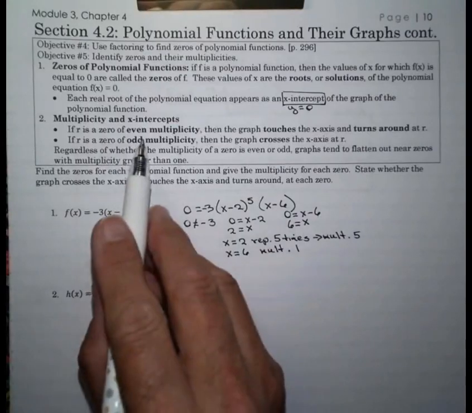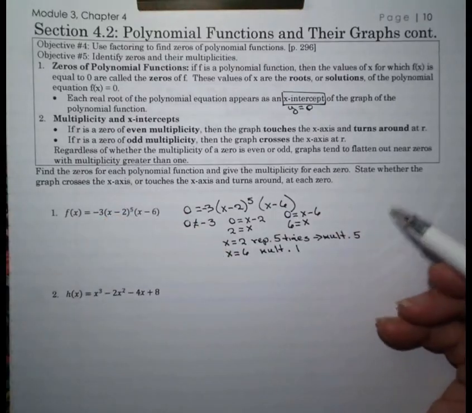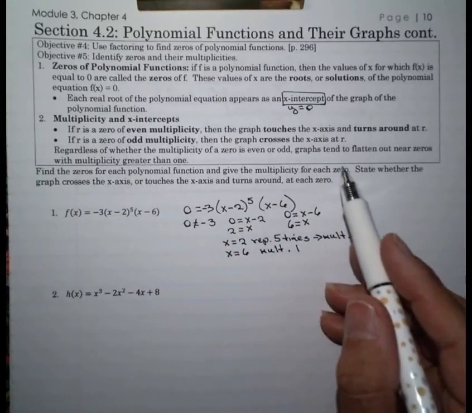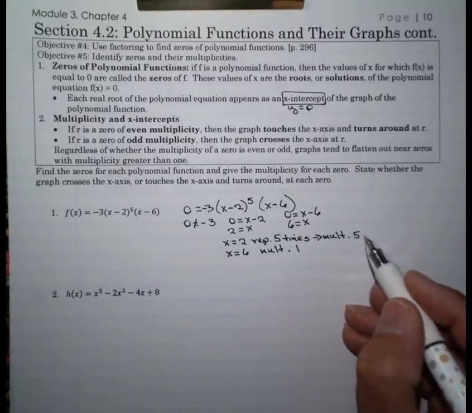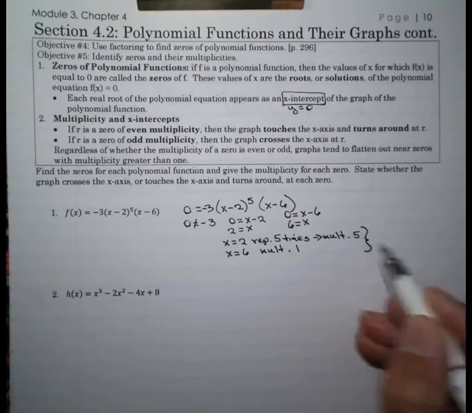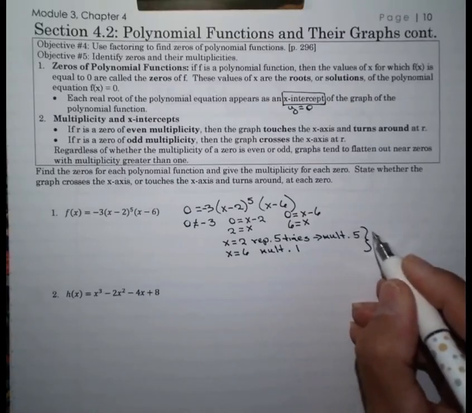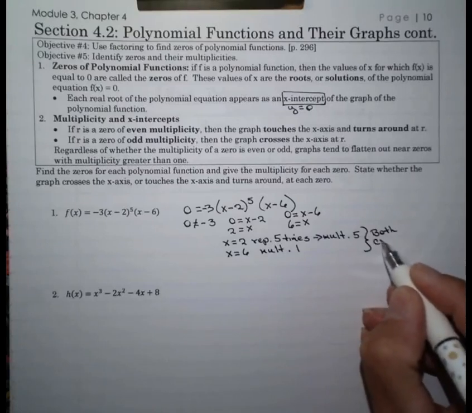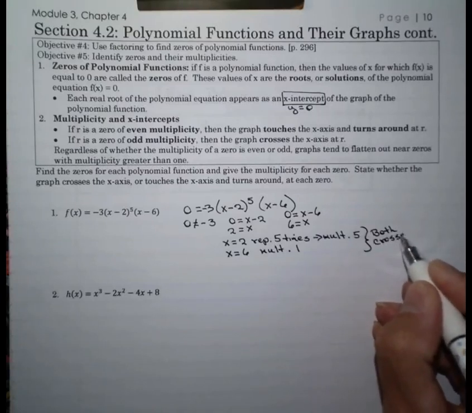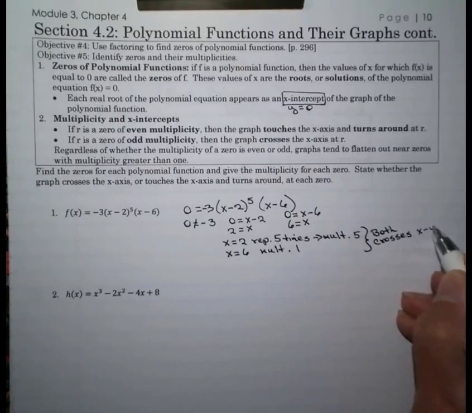If it has an even multiplicity, it touches and turns. If it has an odd multiplicity, it crosses the graph at that point. Now, both of these, both 5 and 1, are odd multiplicities. So at both points, the graph crosses the x-axis at that point. That tells me a lot about my graph.